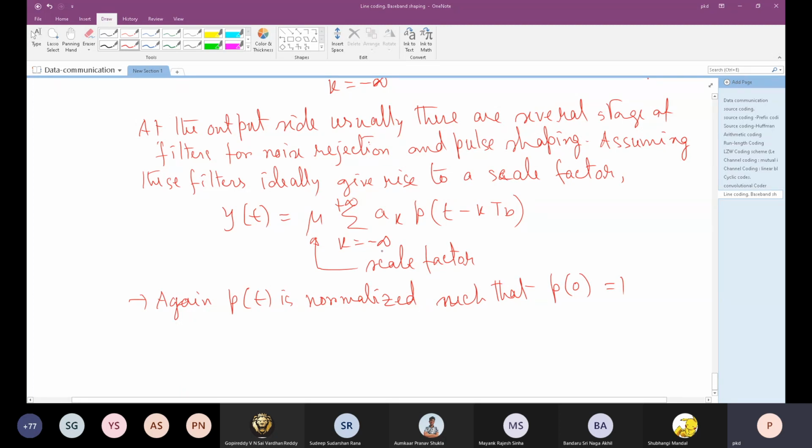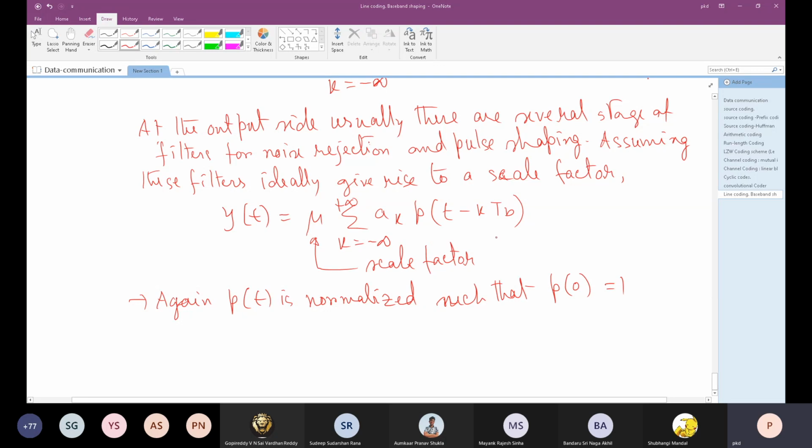In effect, we assume the pulse waveform, due to the transmission or due to our original pulse generation procedure, that pulse generator and the corresponding pulse shaping filters, has its energy spread.